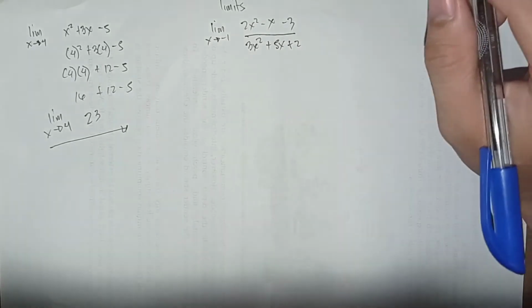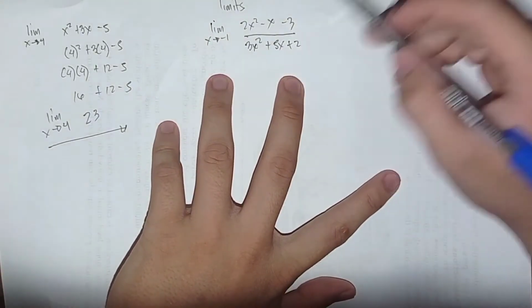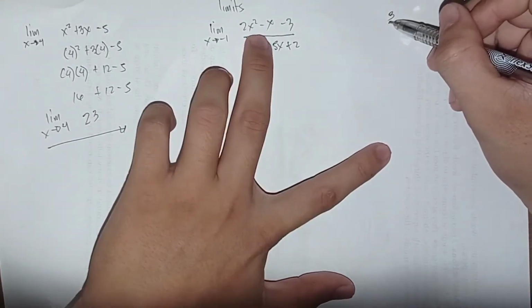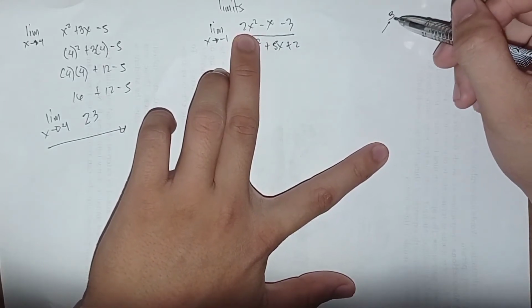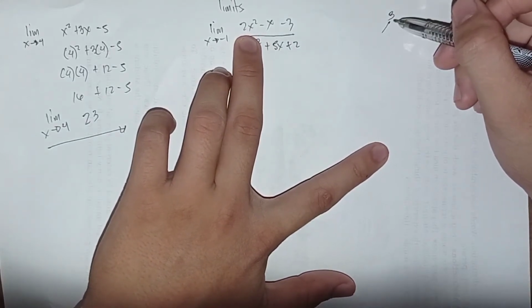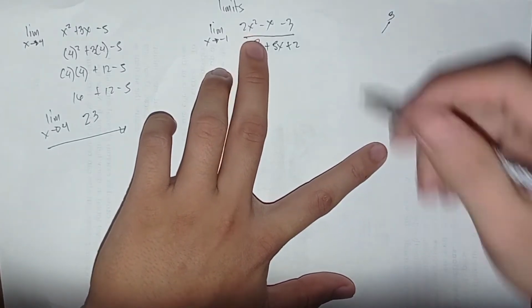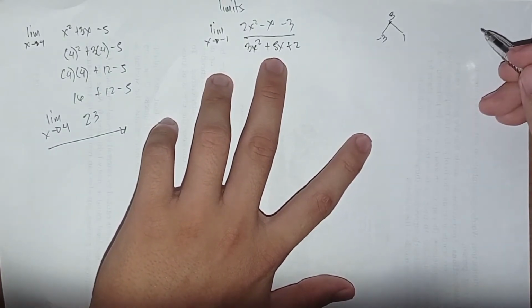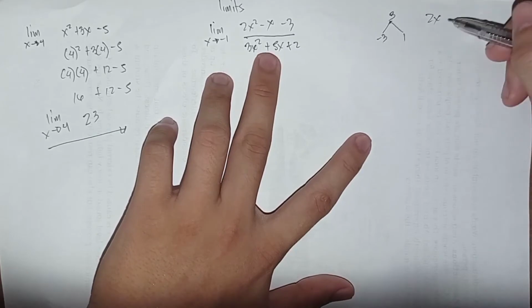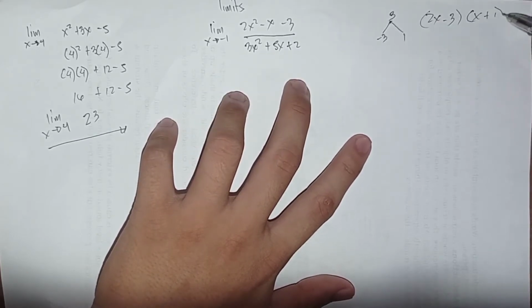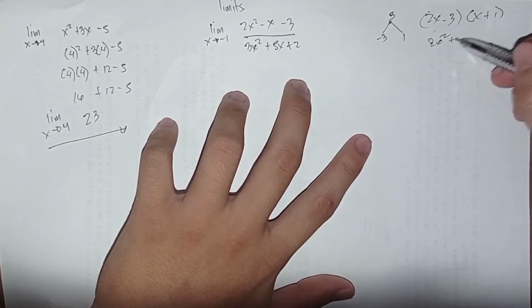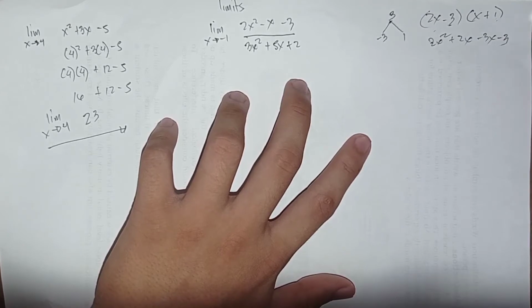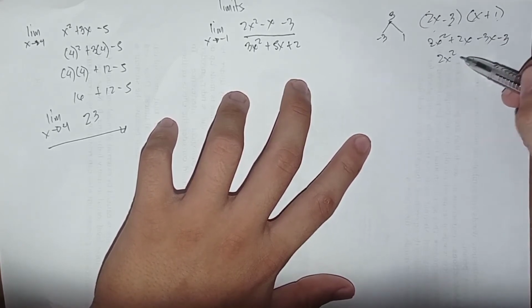We can factor these out. For the numerator, 2x squared plus 2x minus 3x minus 3 gives 2x squared minus x minus 3.